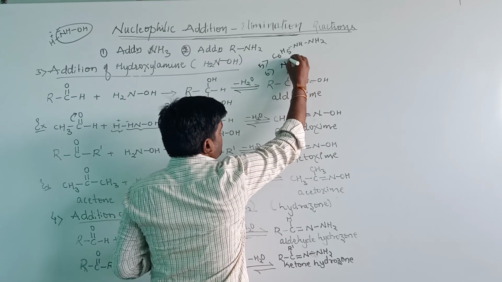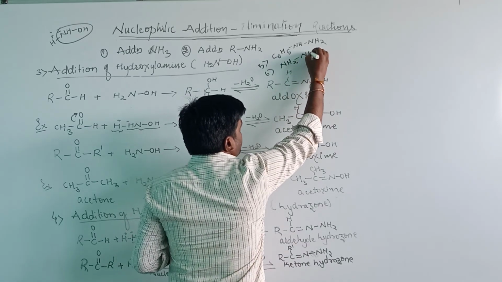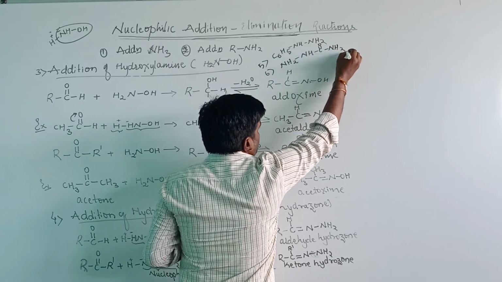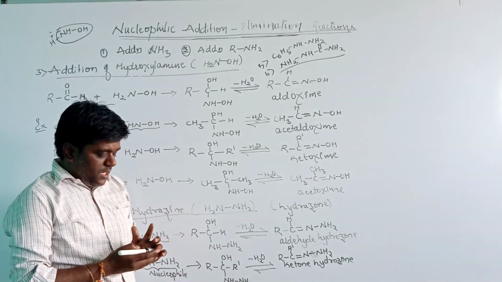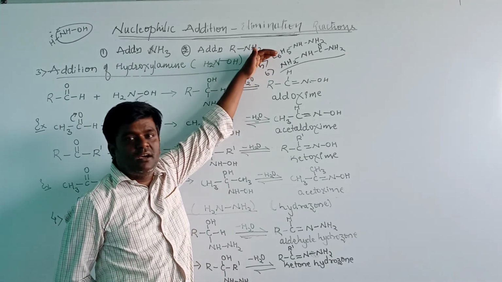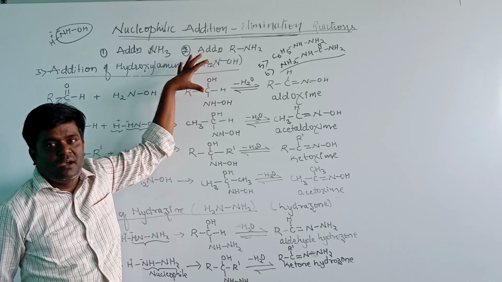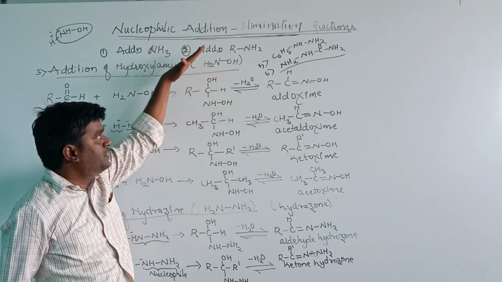Semicarbazide is NH2 NH C double bond O NH2. This compound is known as semicarbazide. Let us take in the next class how phenylhydrazine and semicarbazide will be added to aldehydes and ketones to form the respective compounds.